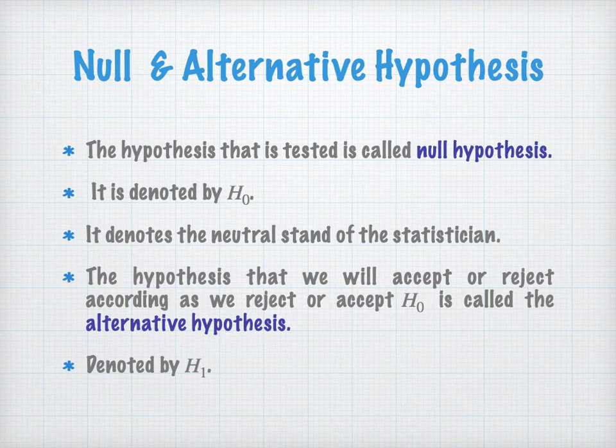The hypothesis that is tested is called the null hypothesis, and it is denoted by H naught. This is the hypothesis that we are going to test. Usually we take the null hypothesis to be the neutral hypothesis. Suppose we need to test if the mean weight is greater than 50, then we will take the null hypothesis to be that the mean weight is equal to 50, and the alternative hypothesis to be greater than 50.